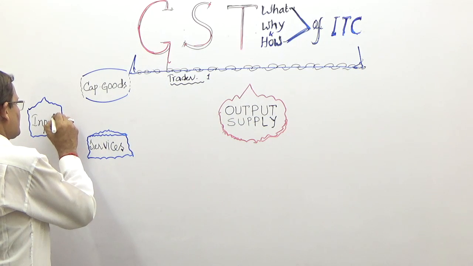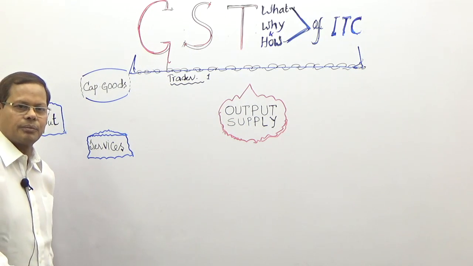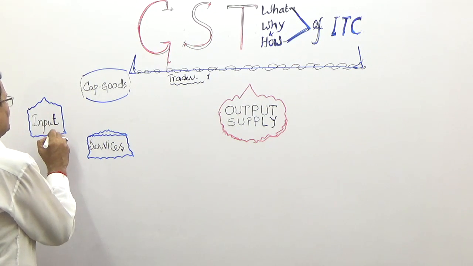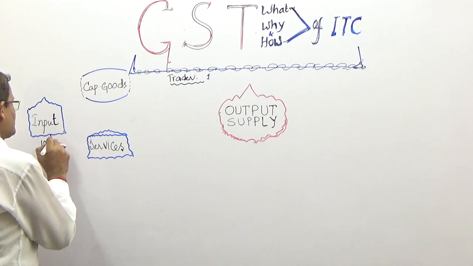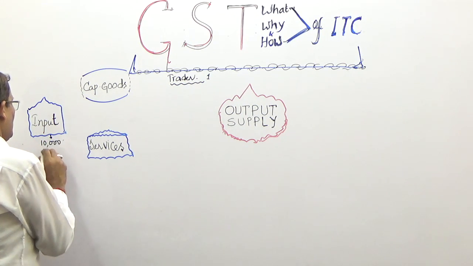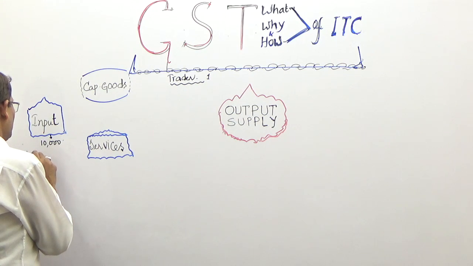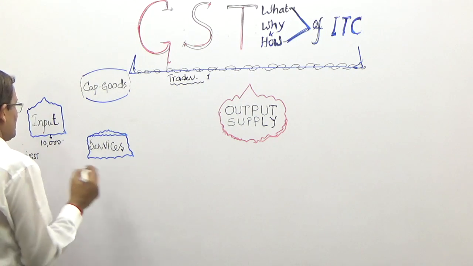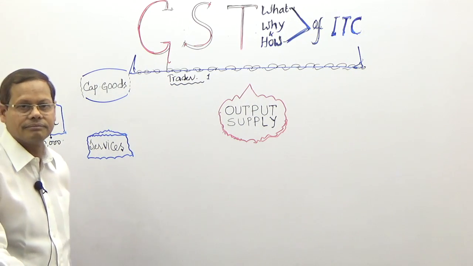Here he is purchasing some commodities, that is called input purchase. I call it input. Let us say on his inputs, 10,000 rupees is the purchase cost, and he is paying say 10% tax, that is GST. He is paying GST on his purchases because he has purchased goods, that is called inward supply.